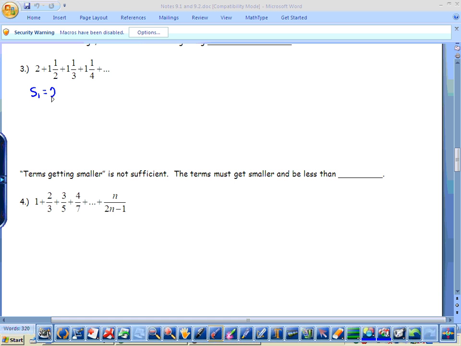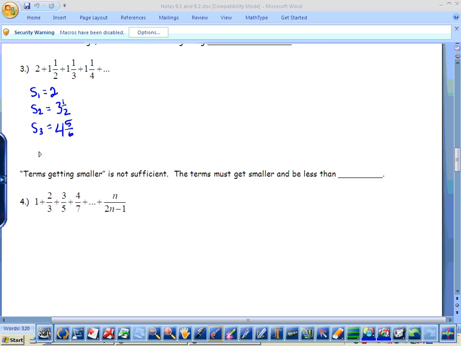So let's look at the partial sums. So the first term is 2. The sum of the first 2 numbers would be 2 plus 1.5, which would be 3.5. The sum of the first 3 terms would be 2 plus 1.5 plus 1 1/3, which I believe is 4 5/6.